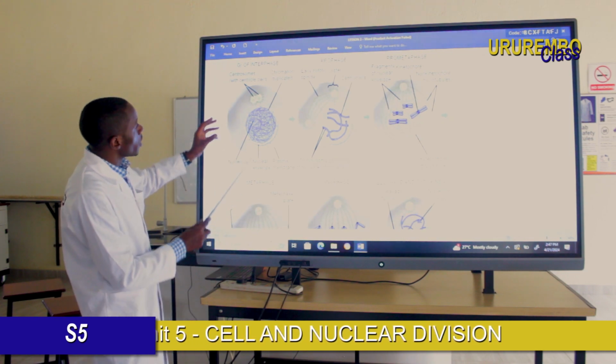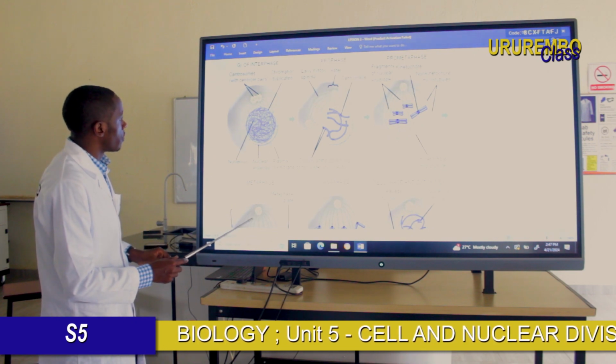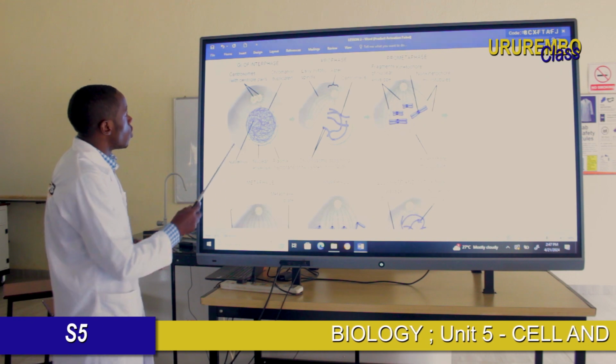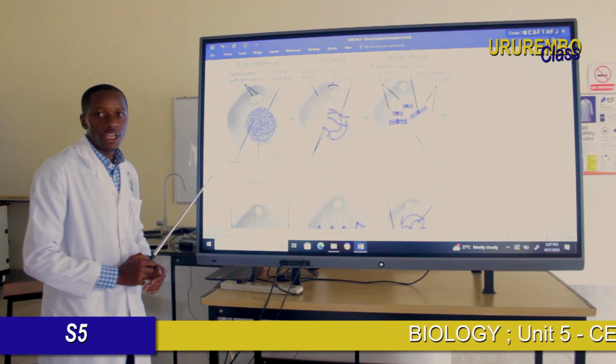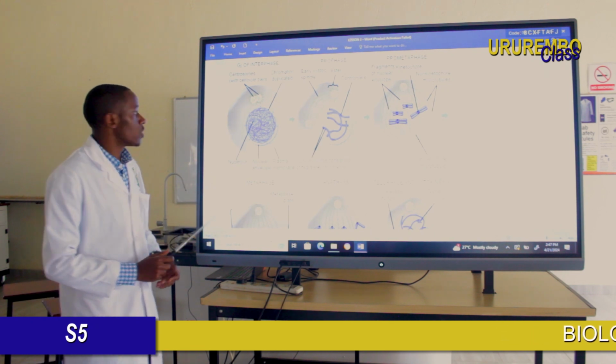This structure shows G2, or the second growth in interphase, meaning that the cell grows. Then the centrosomes with the centriole pairs exist in this interphase in G2.